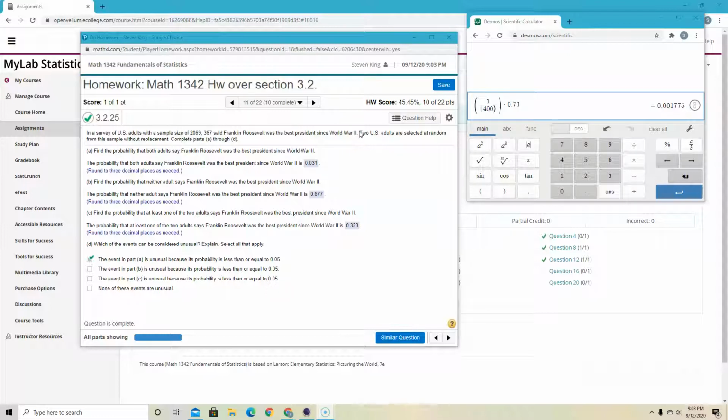And either in their survey they would say yes or they would say no. Who knows what other questions were being asked, but this is what we're looking at. 367 out of 2,069 adults stated that Franklin Roosevelt was the best president since World War II.